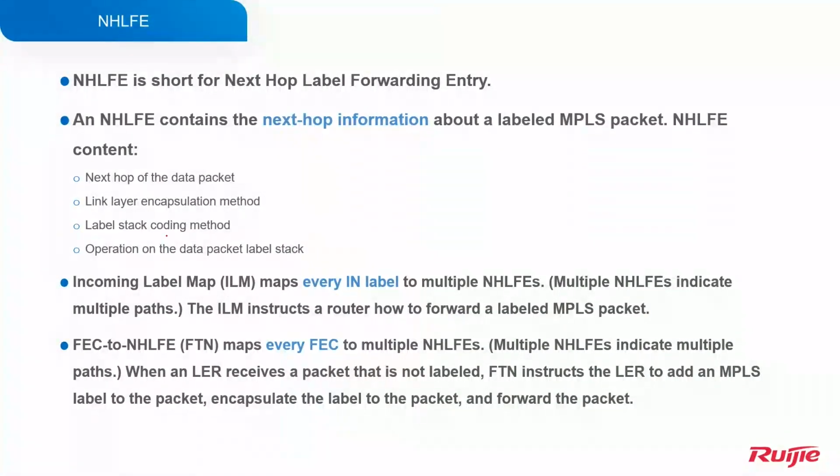And finally, make them into bits, enter into the table, then forward to the next hop. So this is the basic one. And then let's see one example to show you how to forward the message.